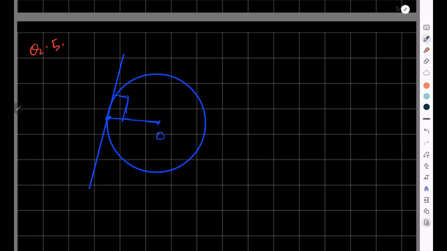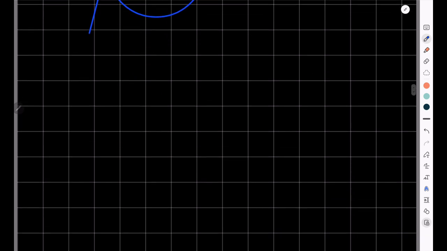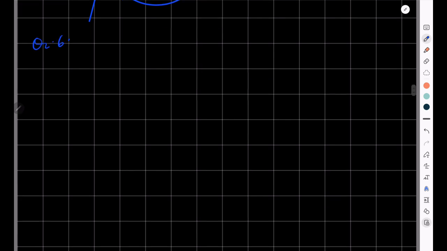This is what we already read in the theorem before, so it's very obvious. It will pass through the center, because if it is 90 degrees, then this will be the radius, and radius always passes through the center of the circle. So let us go further and solve the next question.